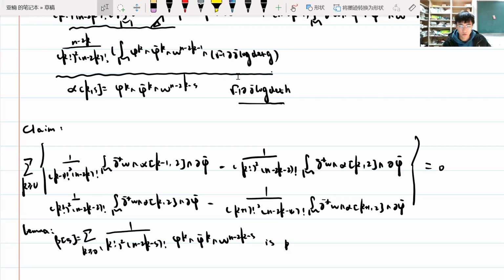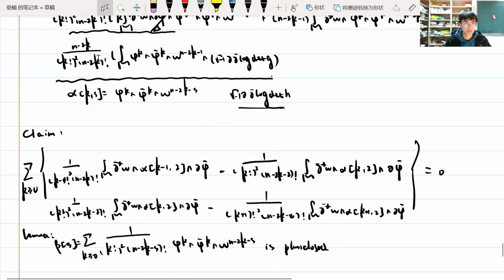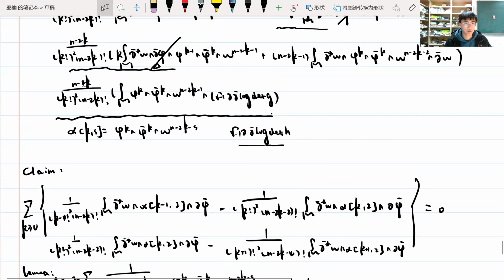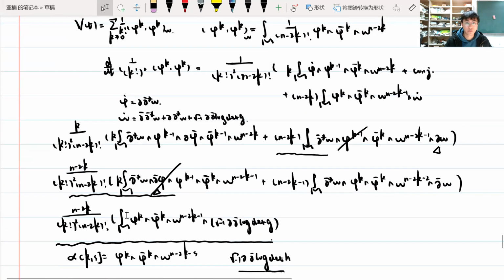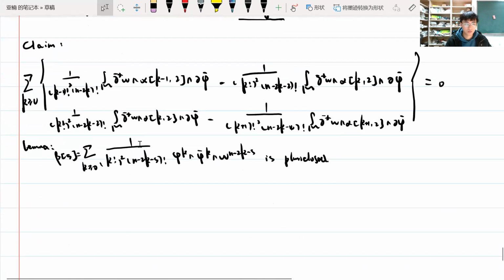So applying this lemma, then this is just the sum of this term, because this is just the derivative of this term, and we have a sum. So applying this lemma, we have that.